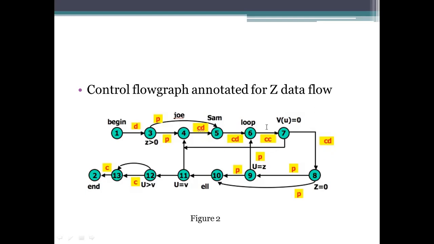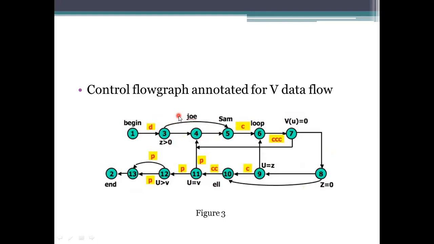If this v variable is considered, it has been defined only once, at the first one. So this v variable, the defined one, has been used multiple times. We are using it in computations and also in predicates.